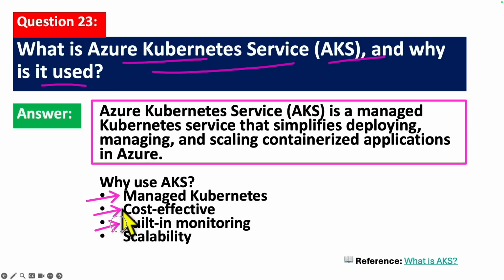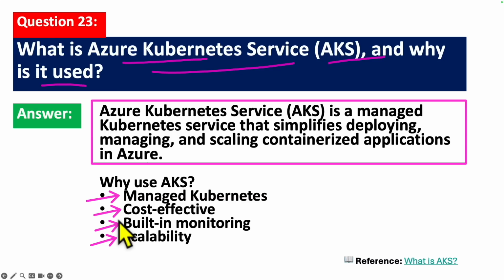Additionally, AKS or Azure Kubernetes Service provides you built-in monitoring capability, and this is integrated with your Azure Monitor and Log Analytics services, thus providing robust monitoring insight. And the next feature why it can be beneficial to use AKS in Azure is the scalability aspect of it.